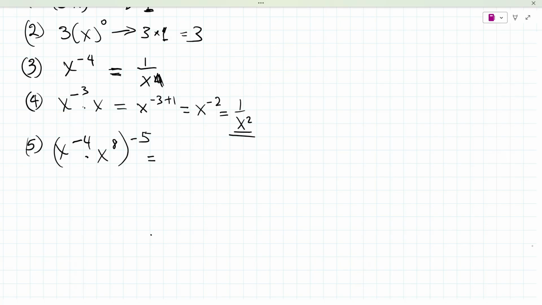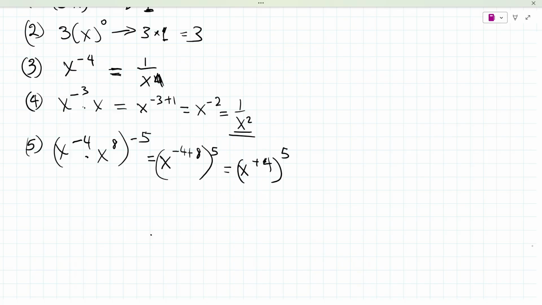So x to the power minus 4 times x to the power 8 becomes x to the power minus 4 plus 8, or 8 minus 4. And all this is supposed to be powered to the power 5. Now, this becomes x to the power positive 4, since 8 minus 4 becomes positive 4, and this is supposed to be powered to the level 5.